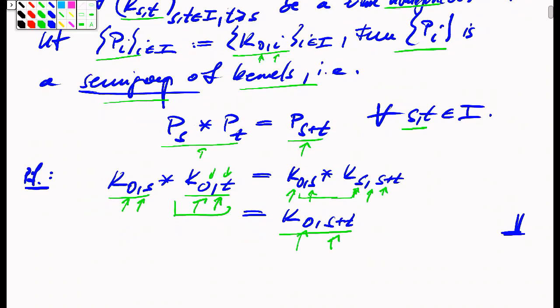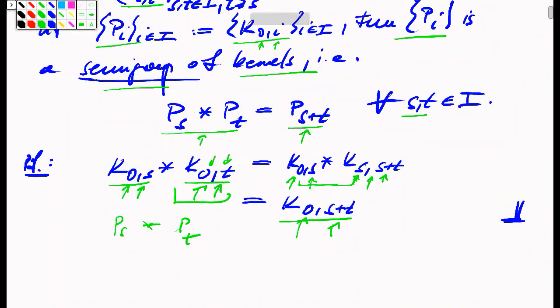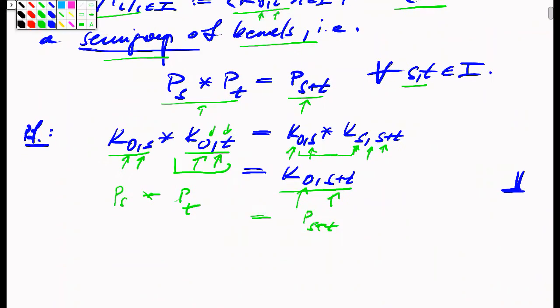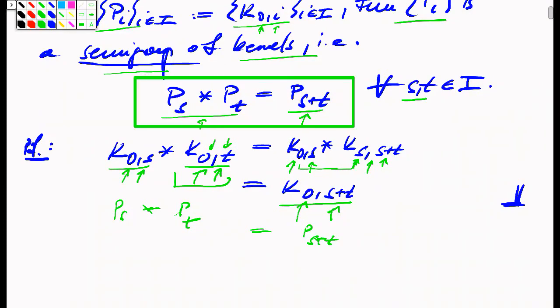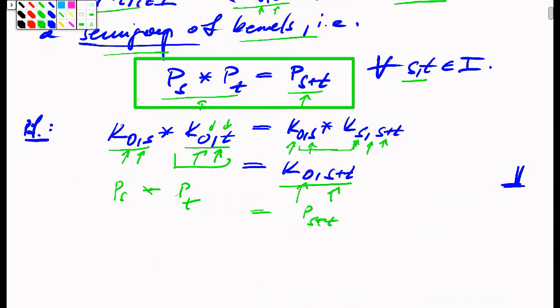So I have convinced myself that this convolution of ps with pt is in fact nothing but the kernel associated to the sum of the two time points. This semigroup property looks very innocent and simple, and it is, but it's very powerful, and it will be our simple but guiding principle, and we will make use of this a million times.